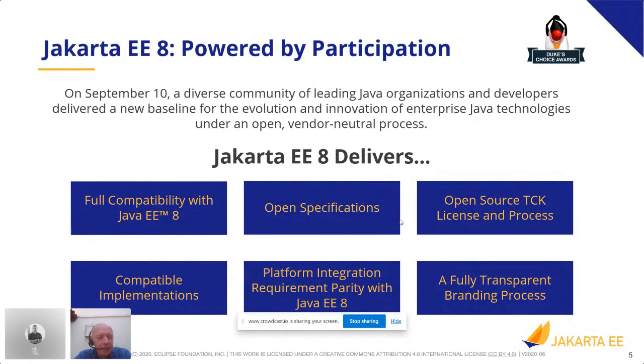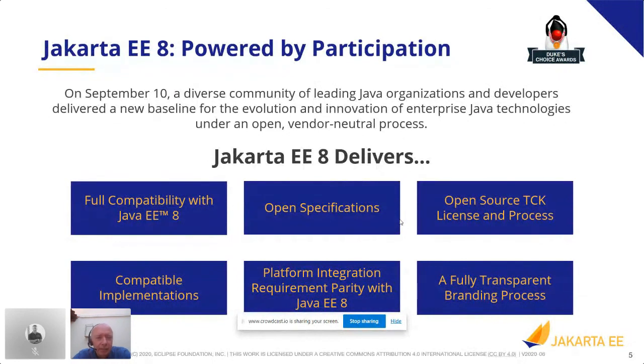The next step for the evolution of moving Java EE through to the Eclipse Foundation was to actually release Jakarta EE8. Jakarta EE8 was designed to be binary compatible with Java EE8, so it was fully compatible with EE8. The difference is that the specification documents, the TCKs, the process, the implementations, and so on were all based at the Eclipse Foundation and were all open specifications under open source licenses.